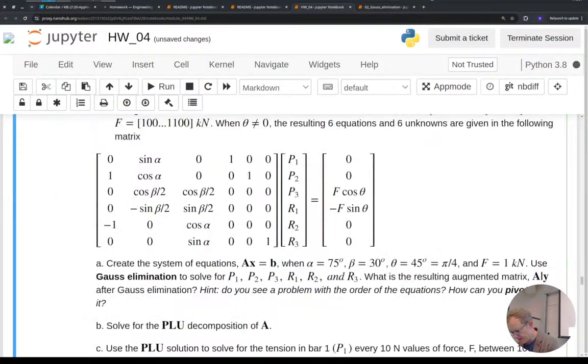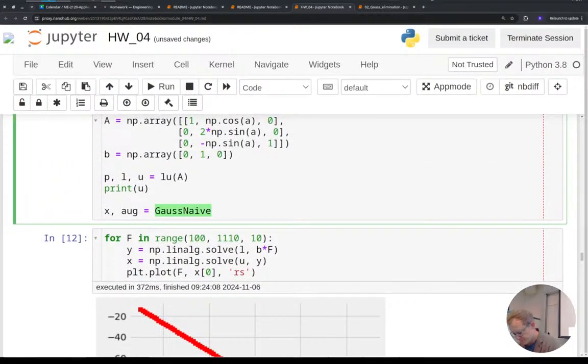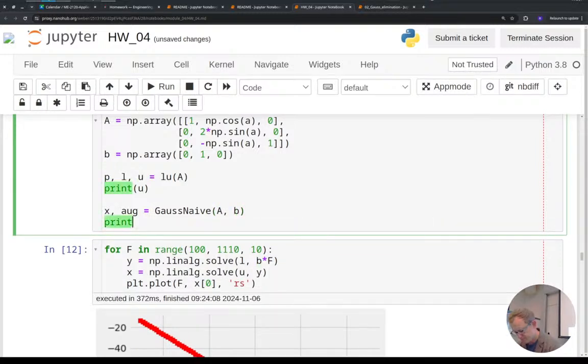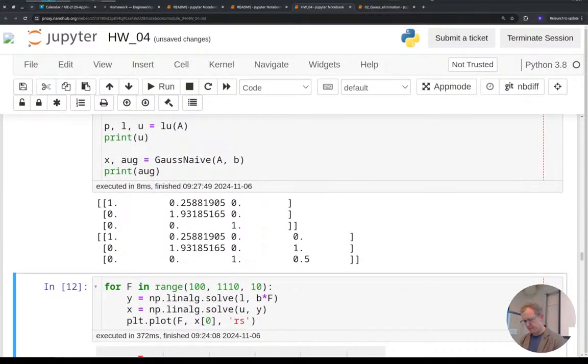Run my Gauss naive again. So if I'm looking at my upper triangular matrix versus my Gauss elimination augmented matrix, they're exactly the same because they both went through the same process to get to that upper triangular form.